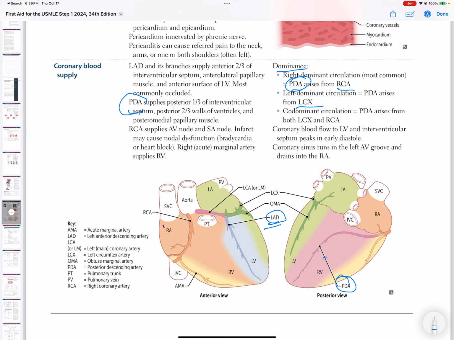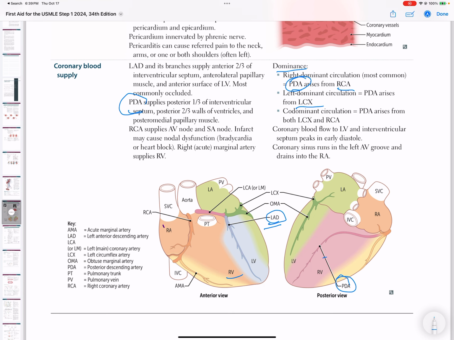The posterior 1/3 of the interventricular septum, posterior 2/3 of the walls of the ventricles, and the posteromedial papillary muscle are supplied by the PDA. Now coming to the right coronary, it supplies the AV node and the SA node. Infarct may cause nodal dysfunction, bradycardia, or heart block. Right acute marginal artery supplies the right ventricle.